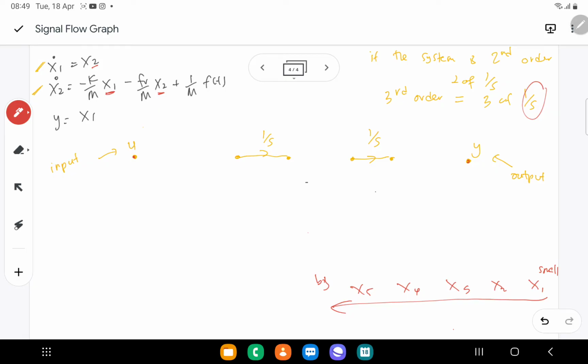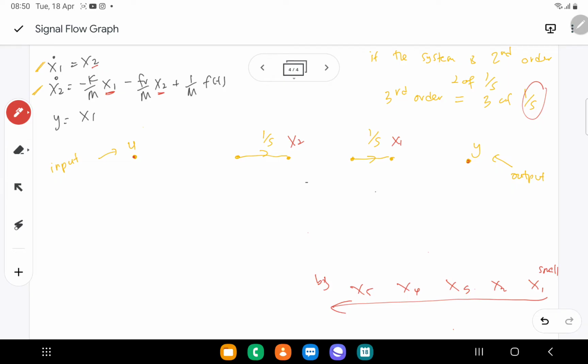So in this case we need to refer to the 1 over s point there, x1, and here should be x2. However, we don't have any x3 in here, so we just stop at x2 only.